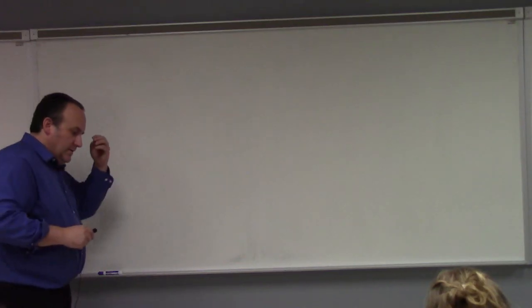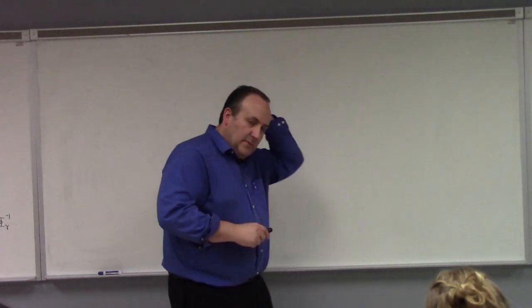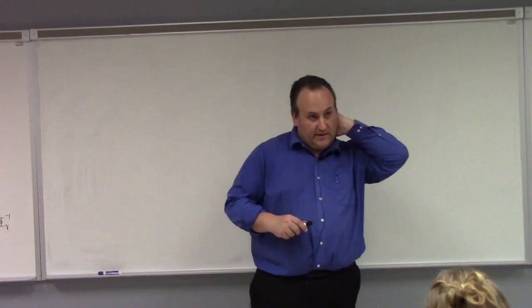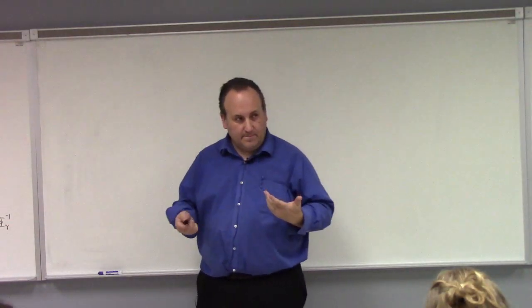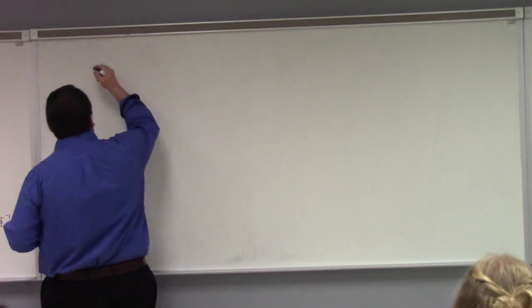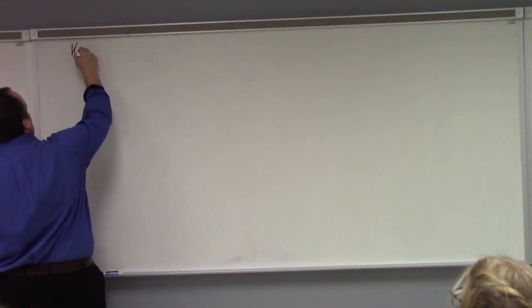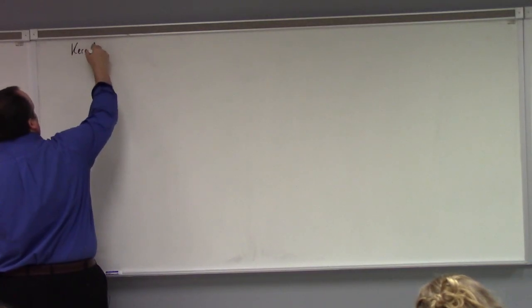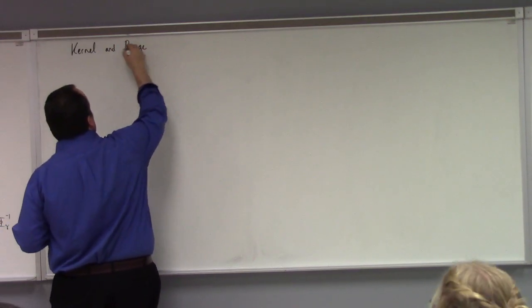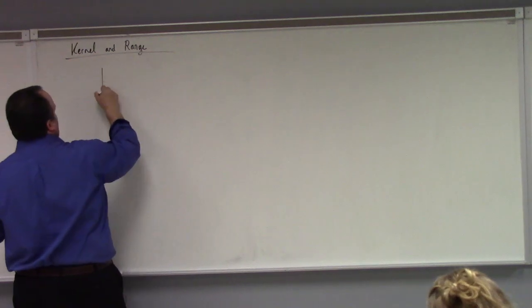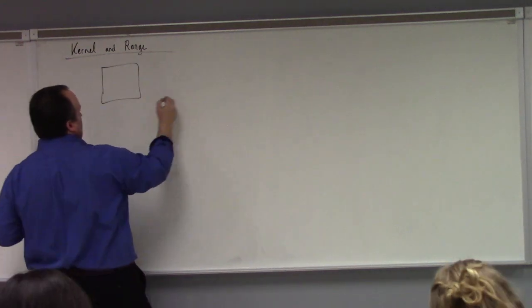Now, we talked about the fundamental subspaces, kernel and range. So let's think about that some more, but let's think about it with coordinates now. And I want to draw a picture to try to illustrate the idea.